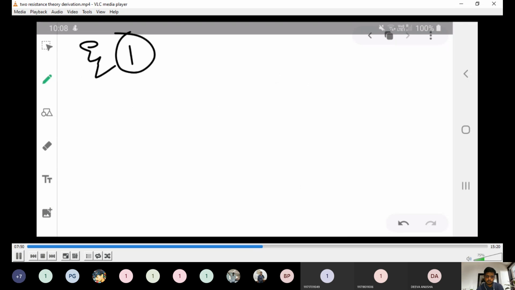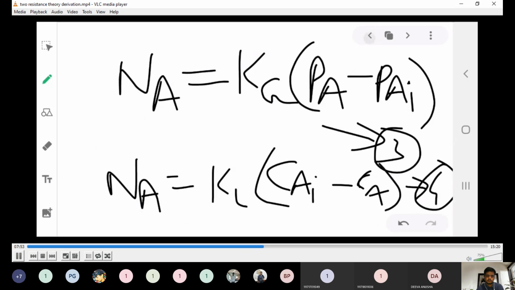Now see, from equation 1, and what is this equation 1?